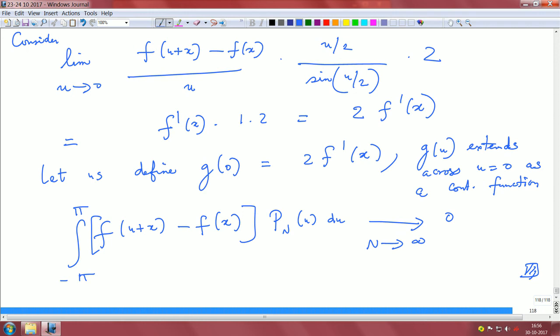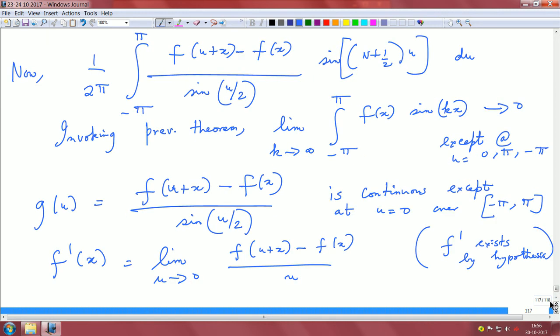Okay, so there were two subtle points we had to note. One is u being equal to 0, and the other is u not equal to 0. When u is not equal to 0, we have no problem, because we invoke the previous theorem, and that integral basically vanishes, because you have some term of this form times a large frequency, and that basically dies to 0.